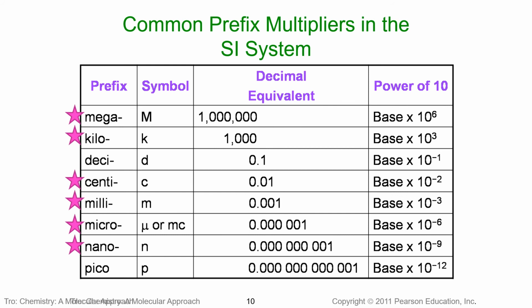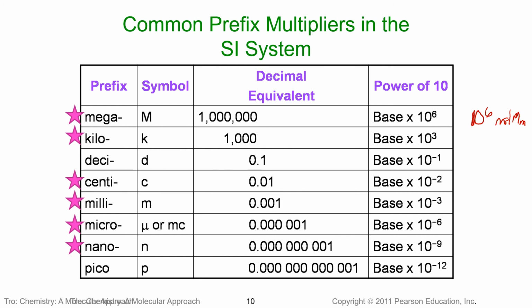A megameter would be 10 to the 6th meters, or 1 million meters. A kilometer is 1,000 meters.